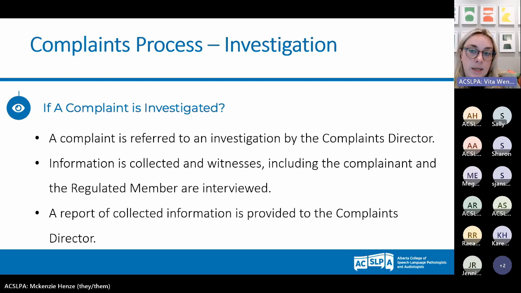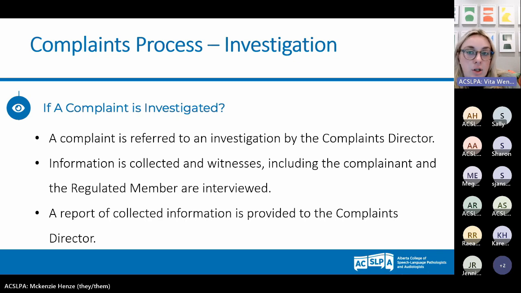The purpose of an investigation is to collect information, collect witness statements, potentially collect client charts, client documentation, communication records, etc., other information that may not be available or was maybe not provided with that complaint initially, as well as talking to witnesses and receiving all of their statements through the investigation.